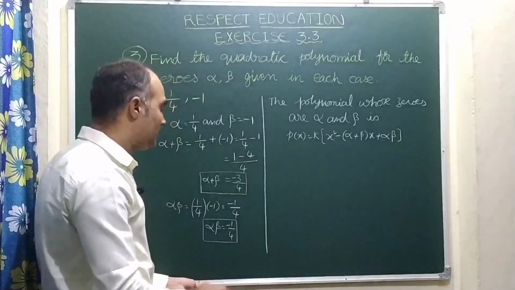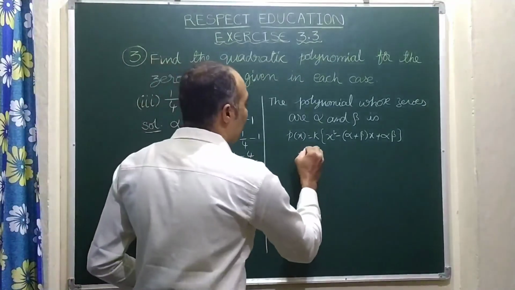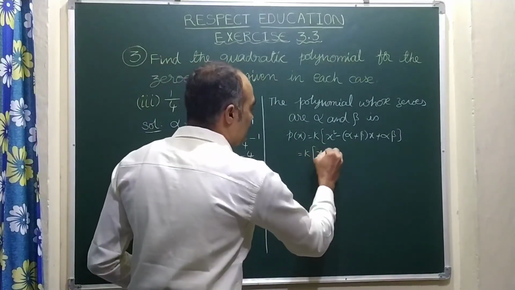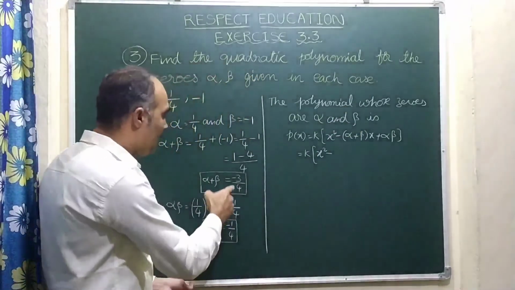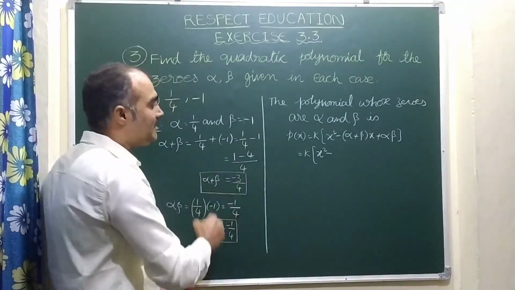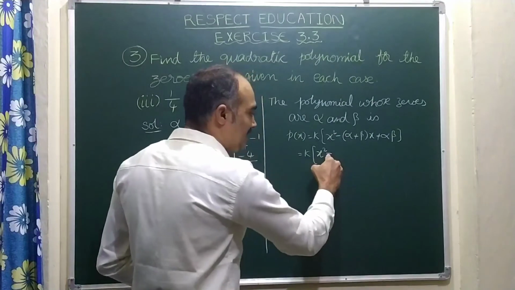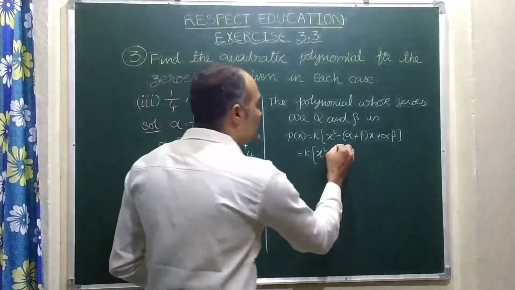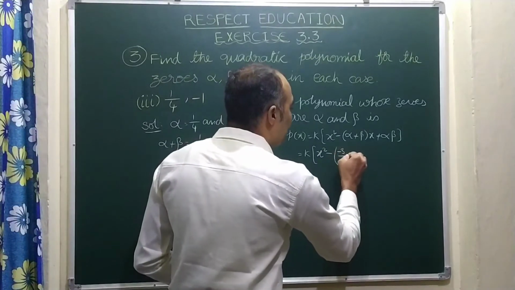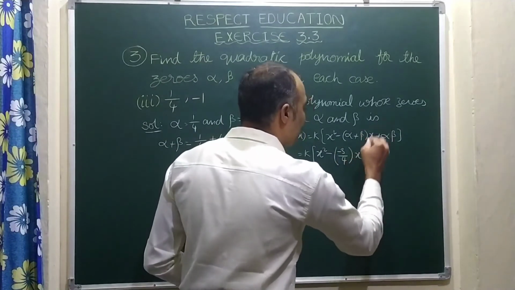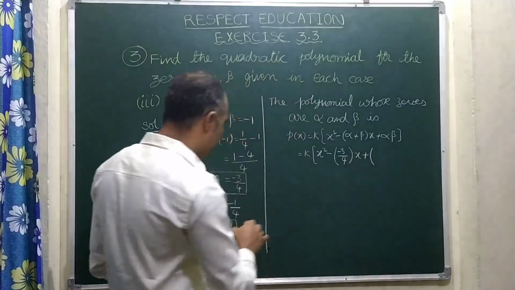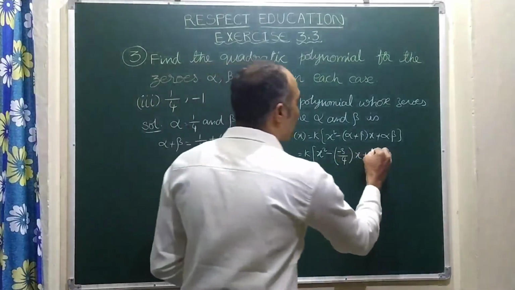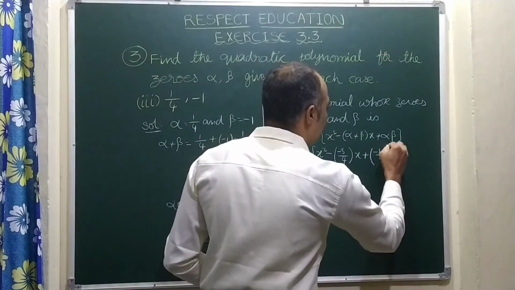Now let us substitute these values. So here k into x square let us write as it is, minus alpha plus beta, nothing but minus 3 by 4. See, this minus is this one. Alpha plus beta itself has minus 3 by 4. So I am writing bracket minus 3 by 4 times x plus alpha beta. Alpha beta is minus 1 by 4. So minus 1 by 4.